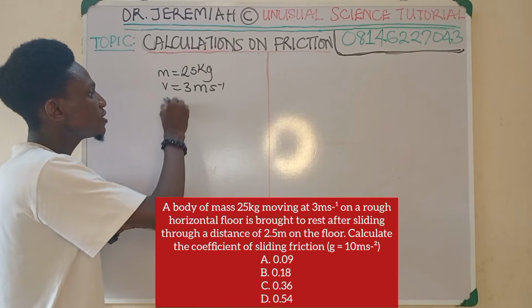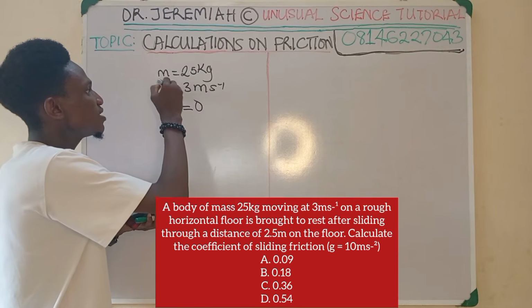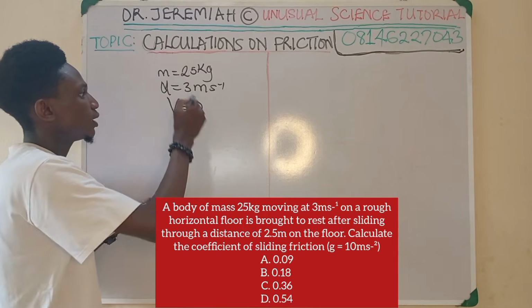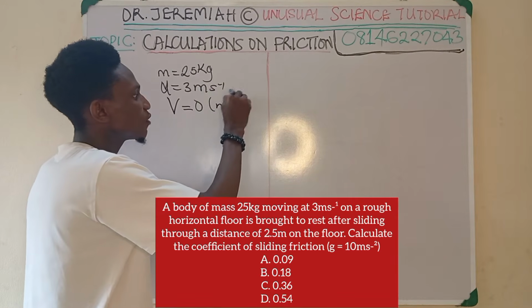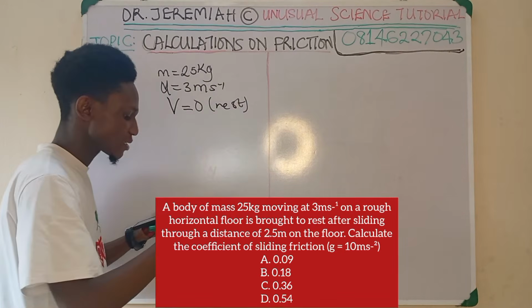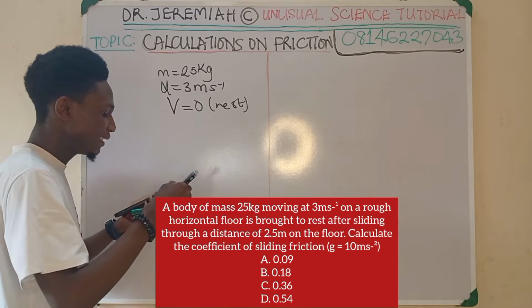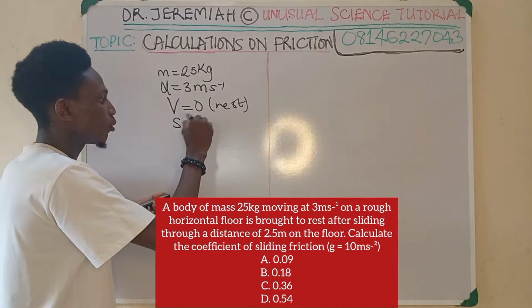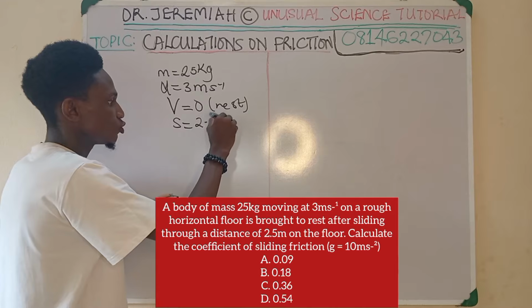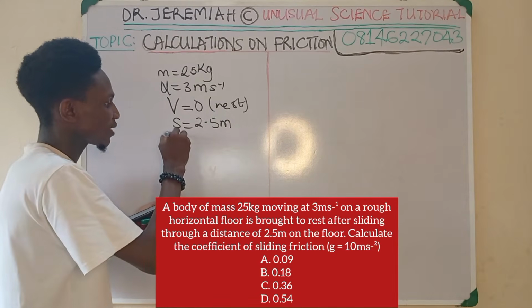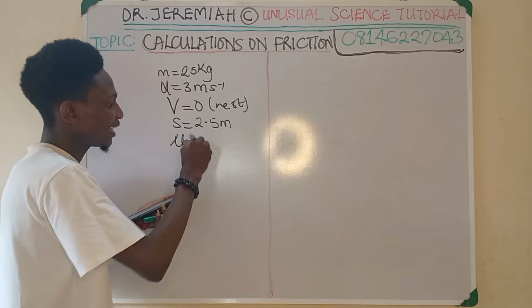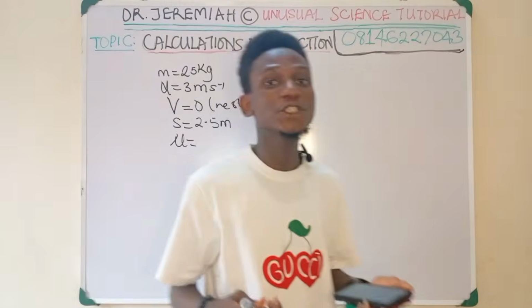So it's brought to rest, it means v equals 0. So this is initial velocity, because it's brought to rest. When a body is brought to rest, final velocity is 0. Now, through a distance of 2.5 meters, calculate the coefficient of sliding friction. Sliding friction is also known as kinetic friction.